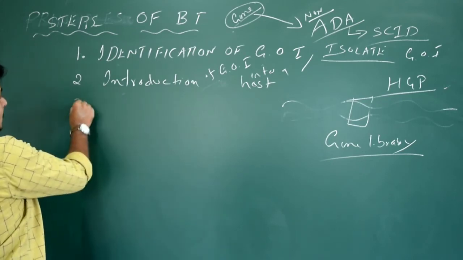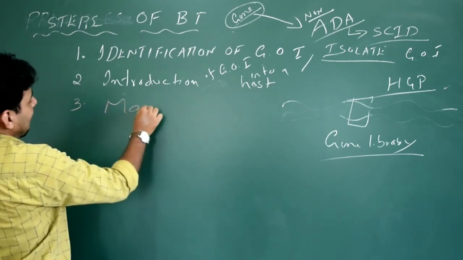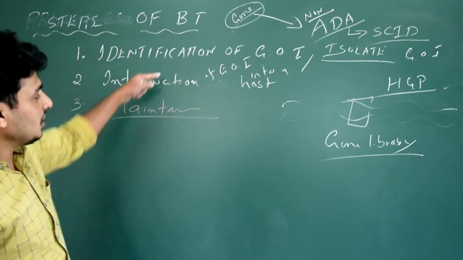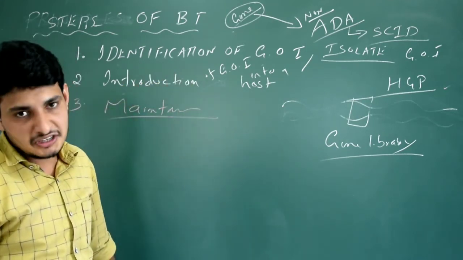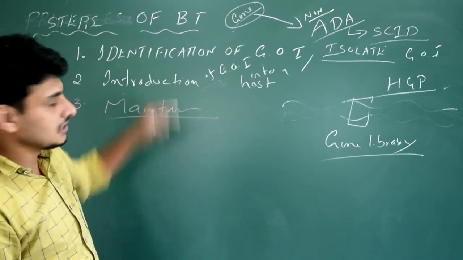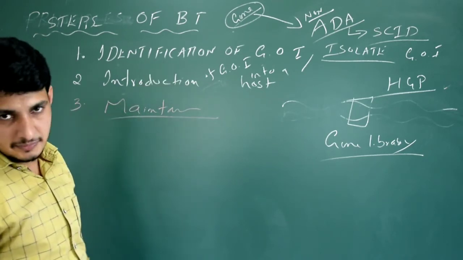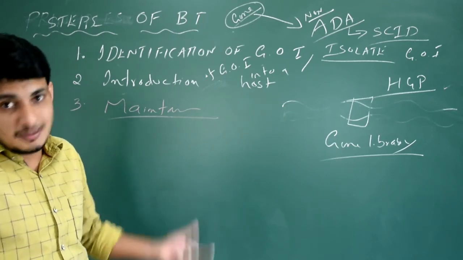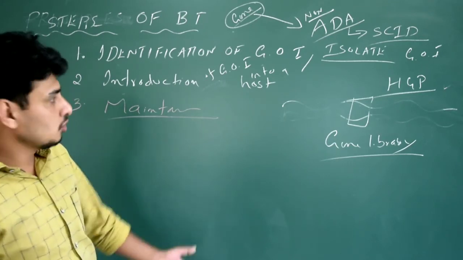Very simple. Next, the final one is maintenance. You need to maintain that particular gene of interest in the host organism. If you are a scientist and you are conducting all this, you need to maintain. Otherwise, as I said, contamination is high, there is a possibility of contamination and it could spoil your work.